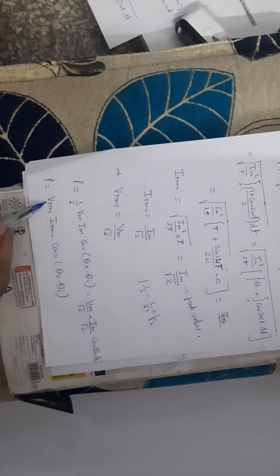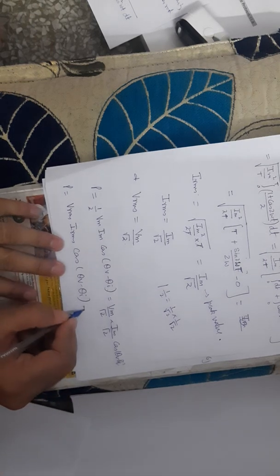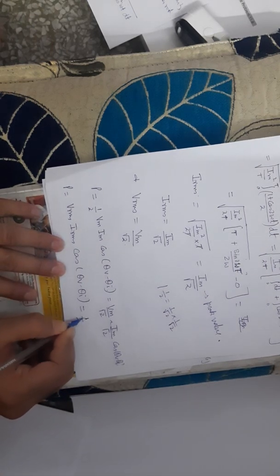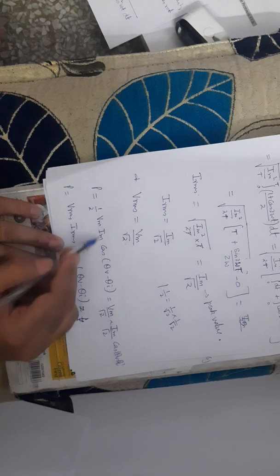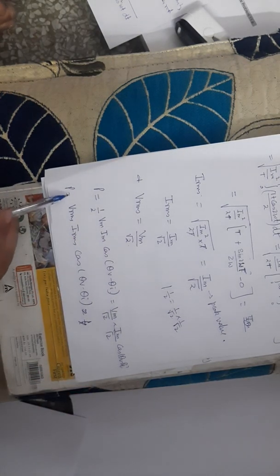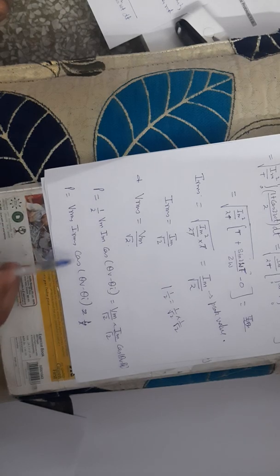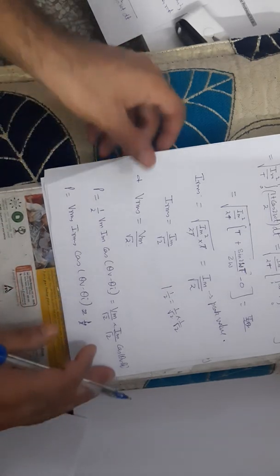So power is equal to VRMS IRMS into cos of theta v minus theta i. Previously, when we solved, we got P equal to 1 by 2 Vm Im cos of theta v minus theta i. So this power is nothing but VRMS IRMS into cos of theta v minus theta i.